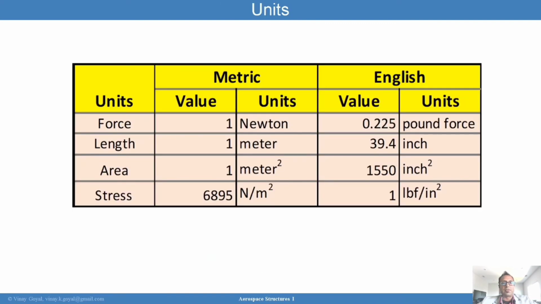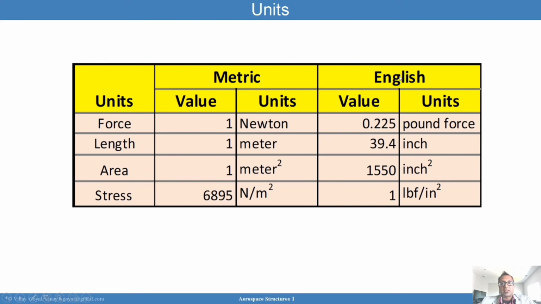Here is an example of units in force, length, area, and stress. In the metric units, you have 1 Newton as a fundamental quantity of force. The corresponding quantity in English units is a pound force. And 1 Newton is equal to 0.225 pound force. 1 meter is a fundamental unit of length in the metric system.